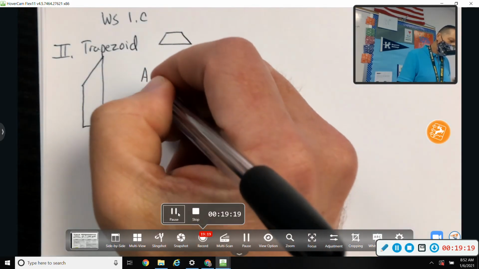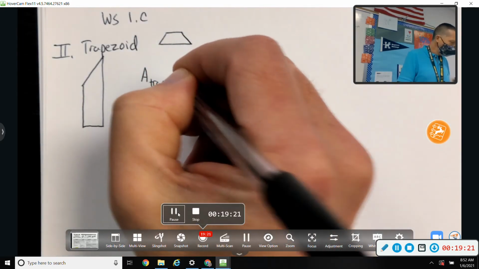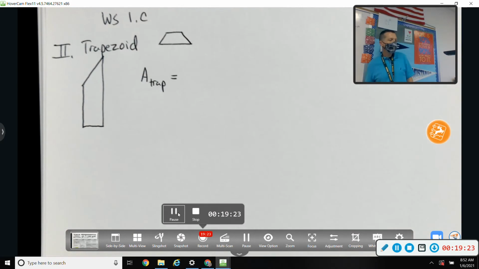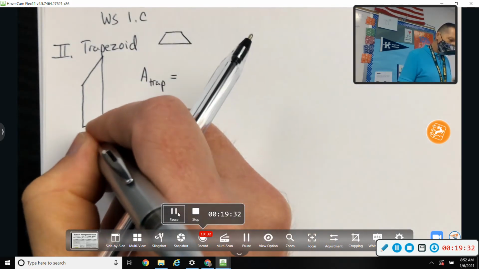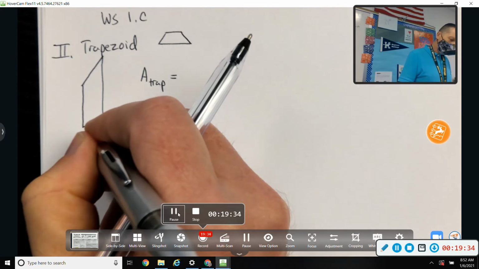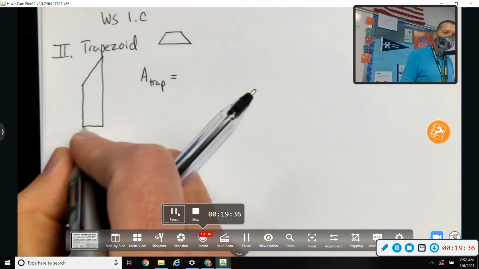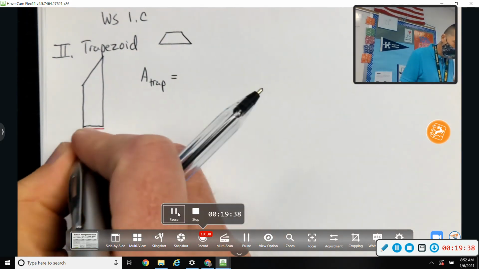The area of a trapezoid. Let's see. Let's use some of the same. What do you want to call this dimension here? Is that the width? Is that the base?